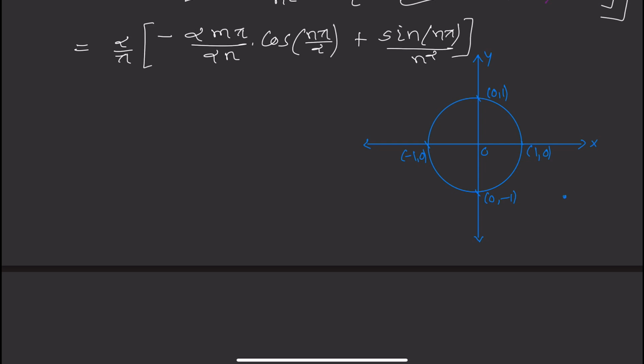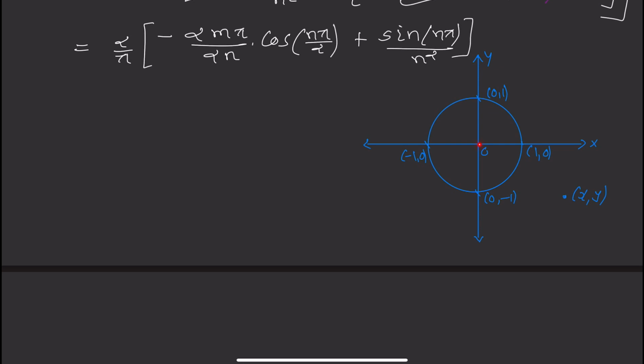Now you know that for any particular point x and y, the first coordinate represents the value of cos, and this represents the value of sine.